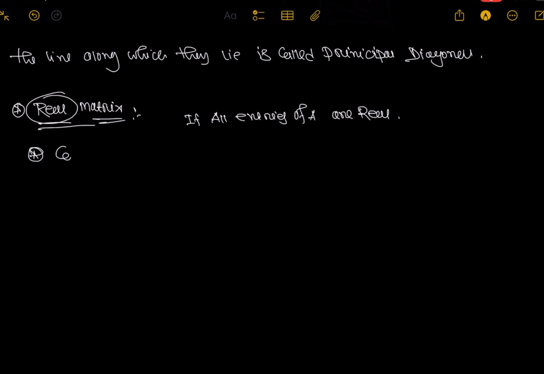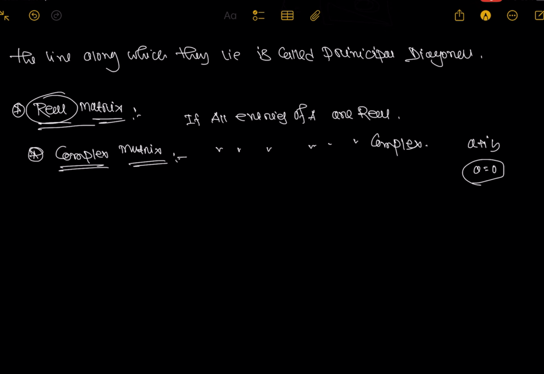Similarly, we consider the complex matrix. What is a complex matrix? If all entries of A are complex. A complex element looks like a plus ib. The a part has no restriction, but the b term is not 0, because if it is 0, then this goes to real numbers.